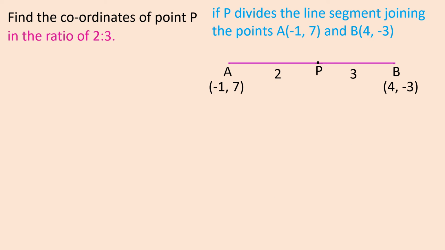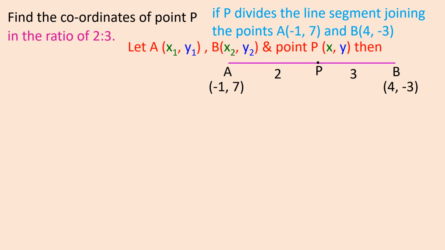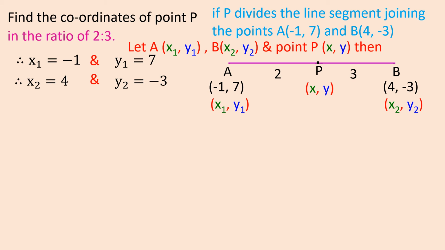They are divided in the ratio of 2 is to 3. Let us find the values here. Let A be x1, y1, B be x2, y2, and P be x, y. So x1 equals -1, y1 equals 7, x2 equals 4, y2 equals -3, and m equals 2 and n equals 3.